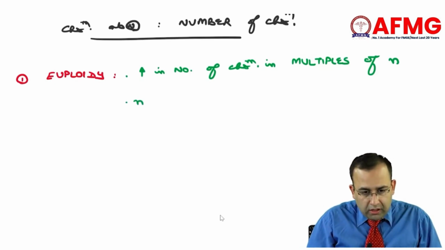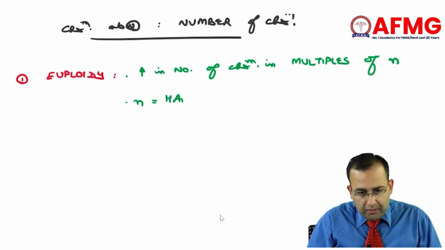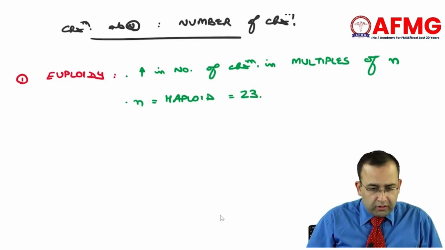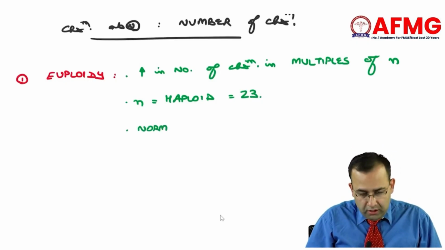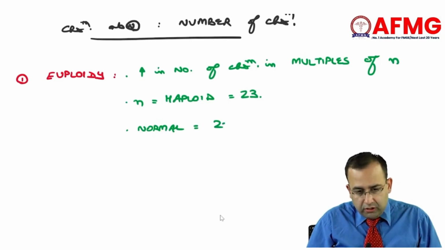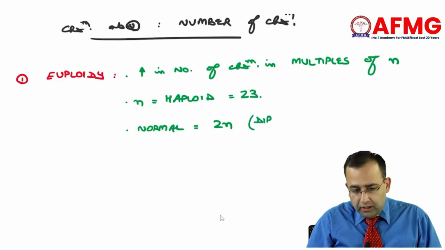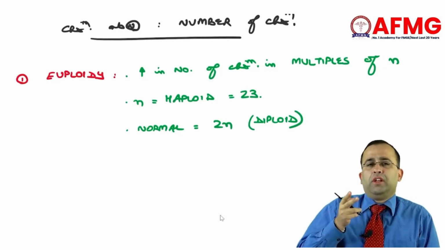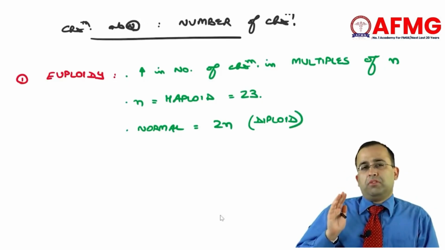What is n? N is the haploid number, that is 23. What is normal? All of us are 2n. We are diploid. That is, we have 46 chromosomes.